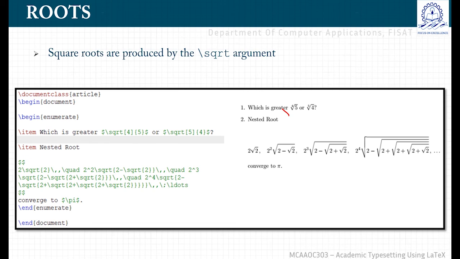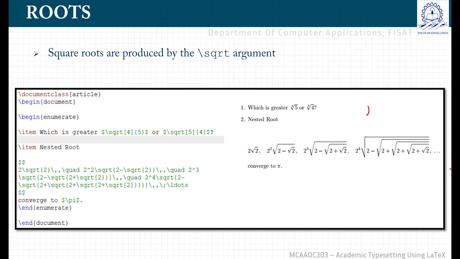Square roots are produced by using the command backslash sqrt with an argument. Now let us see how these statements are displayed. Which is greater, the 4th root of 5 or the 5th root of 4? See the source. Here different mathematical statements are listed using the enumerate command. We have seen that.